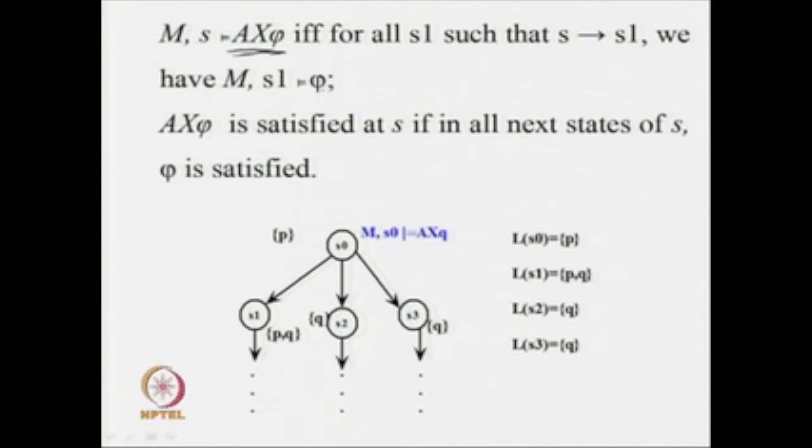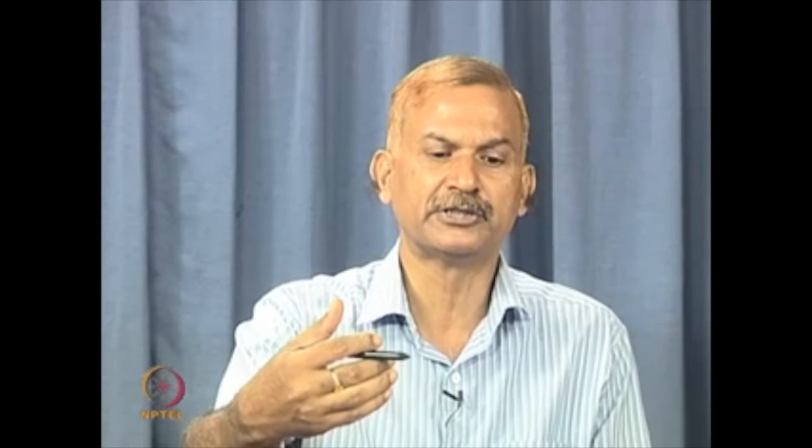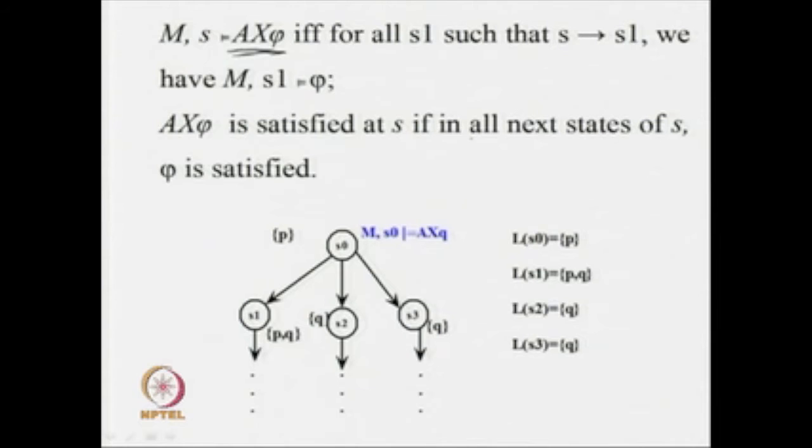So we consider one particular state S, look at all next states S 1, and check that phi holds in each. If it holds, then A x phi holds in this state. So A x phi is satisfied at S if phi is satisfied in all next states of S.